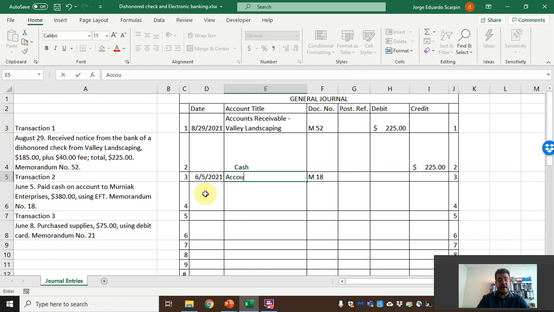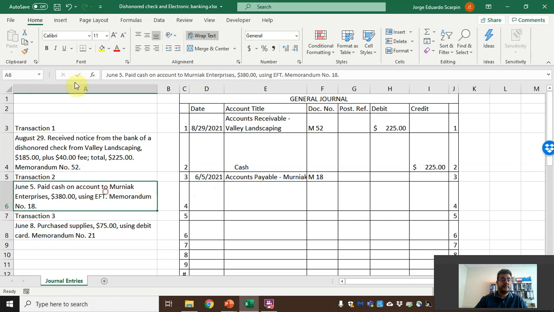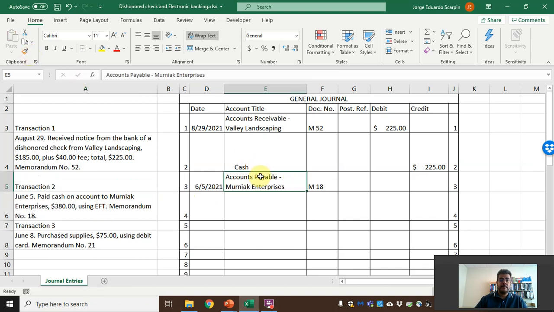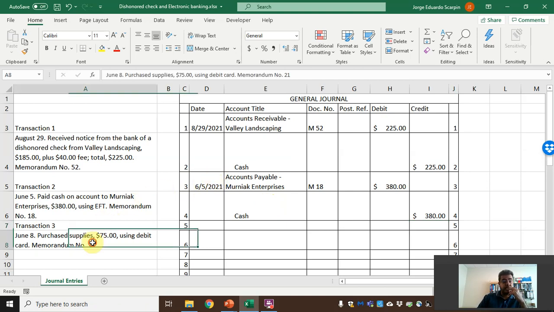We will be debiting accounts payable, Murniak Enterprises, and our credit is cash. How much? $380. So guys, it's just like recording any other transaction.